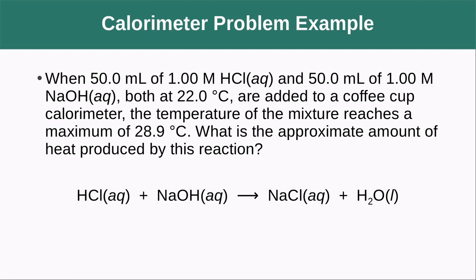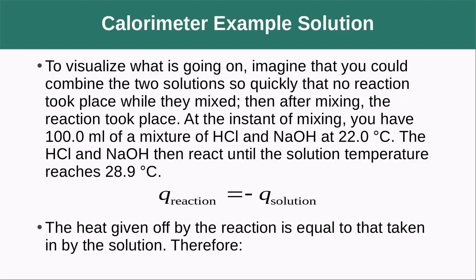So in this case, our system are the molecules of HCl and NaOH that are combining together to form NaCl and water. We can't see it like we did with the metal before, but the math behind it is exactly the same. So we're going to have that our Q reaction, the heat given off by this reaction, is going to be equal to the negative Q of the solution.